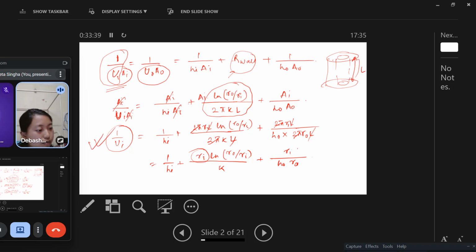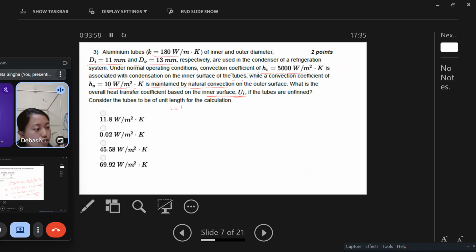Okay. So if they have asked in terms of the outer fluid or outer diameter, you have to calculate U naught just like this, 1 by U naught. Then after you get 1 by U naught, just calculate U naught. But now for this question, you have to use Ui based on the inner surface.